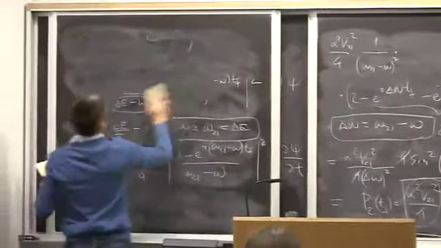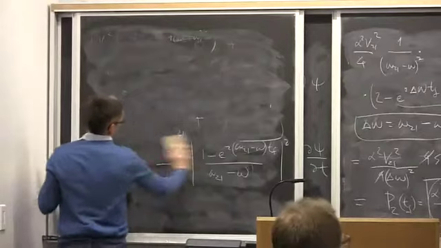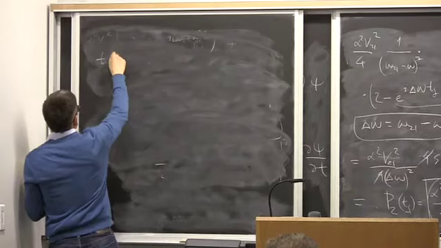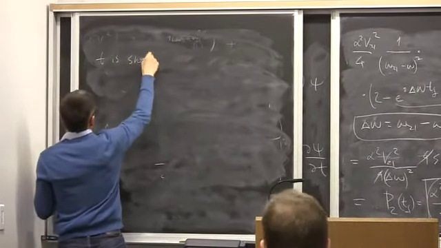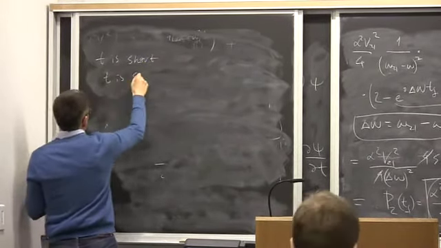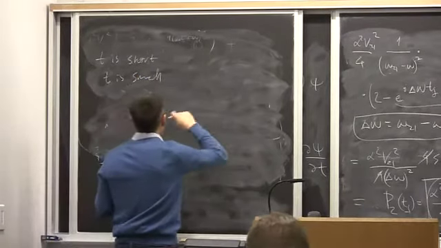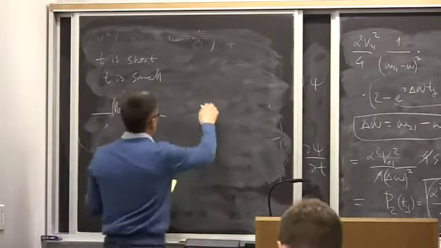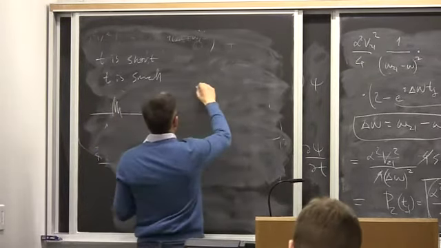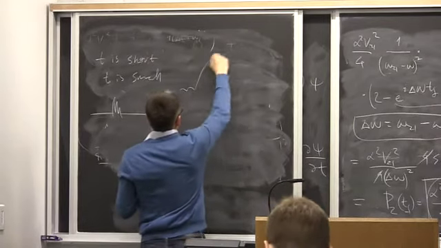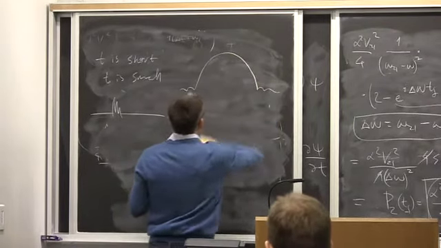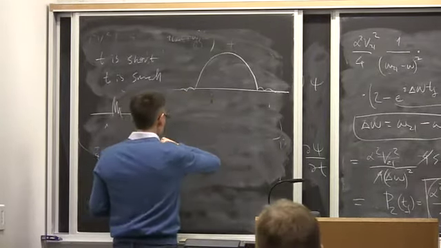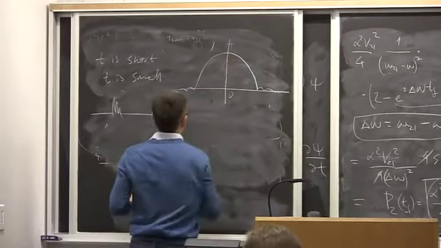So a few situations. Say time is short, or t is small. That would correspond to a very short pulse, right? For that short pulse, you will have function f like this, with a peak at 0.